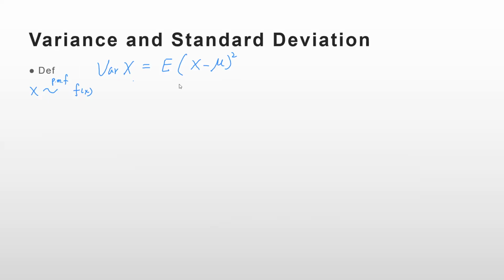In essence, it's the expectation of the distance between each value of x and the mean. Then you also weight the sum. Let me write down the summation of little x minus mu, squared, times little f of x.